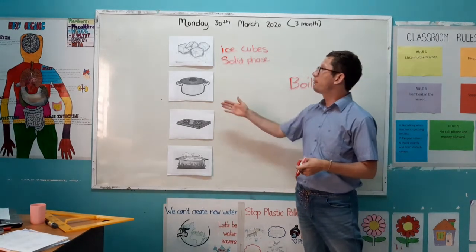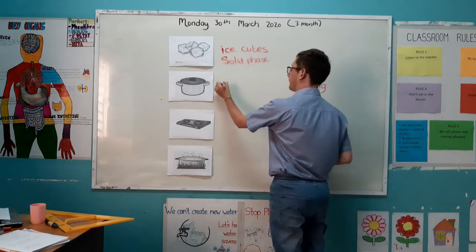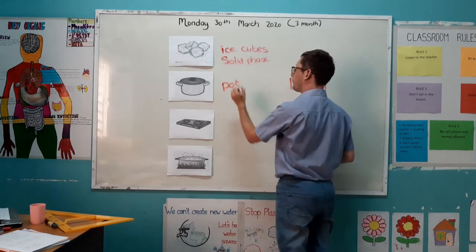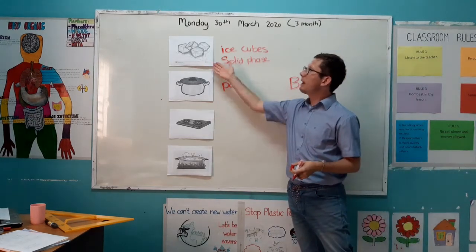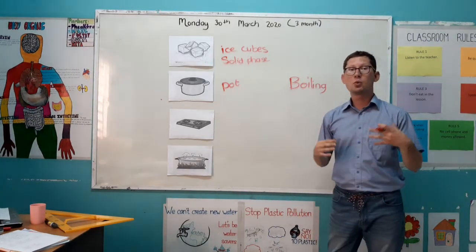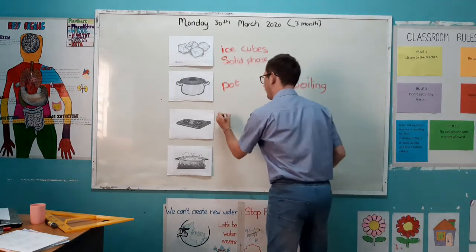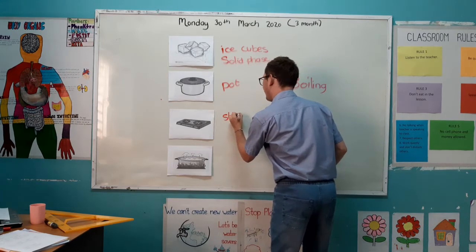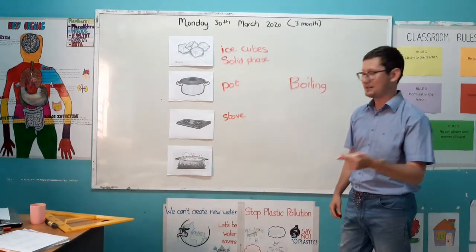So then you put or place the ice cubes in a pot. Any cooking pot. But in order to melt the ice cubes, you need what? Yes, you need a stove. But what does the stove give us? It gives us heat.